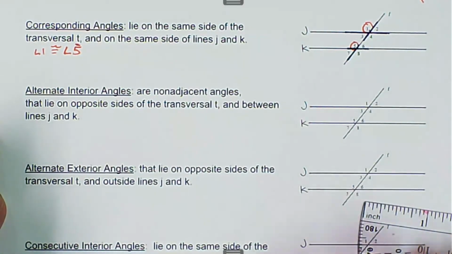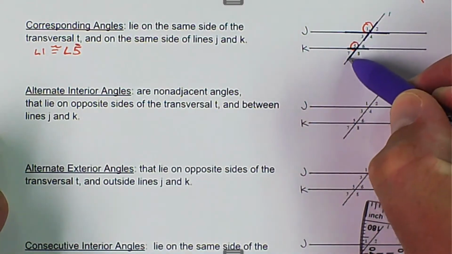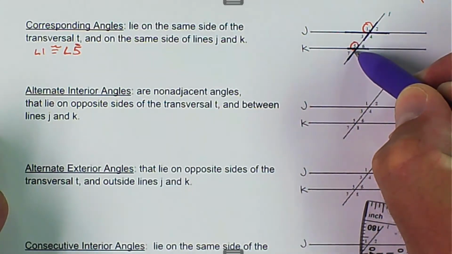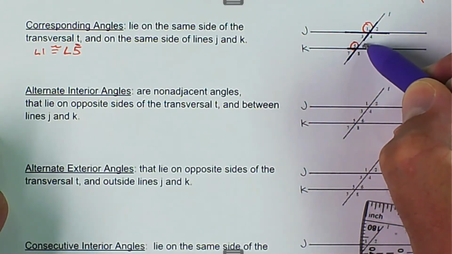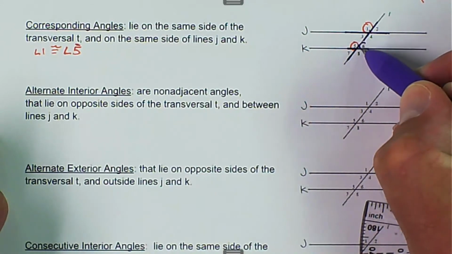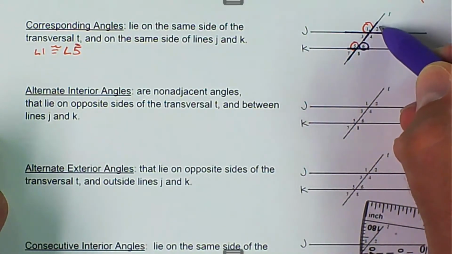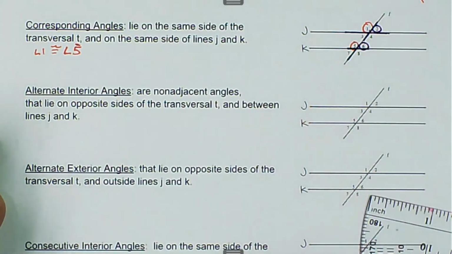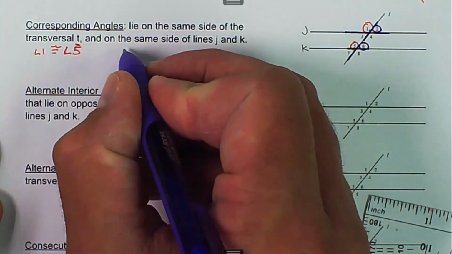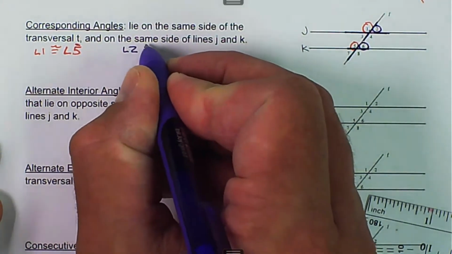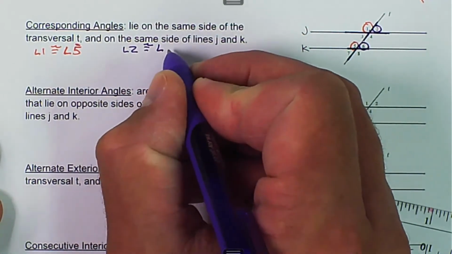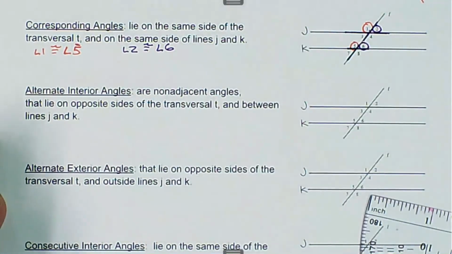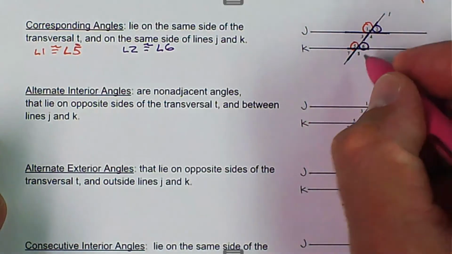Now, there are 4 sets of corresponding angles. So we can look at the same thing. If we're driving this way and we stop, we have one that's to the right and up. So this one's to the right and up, that's 6. And to the right and up, that's angle 2. And these are corresponding or have the same measurement. So angle 2 is congruent to angle 6. Next we have the pink.